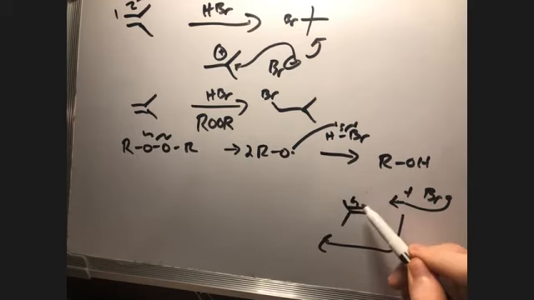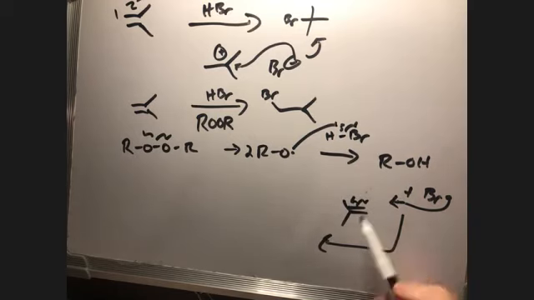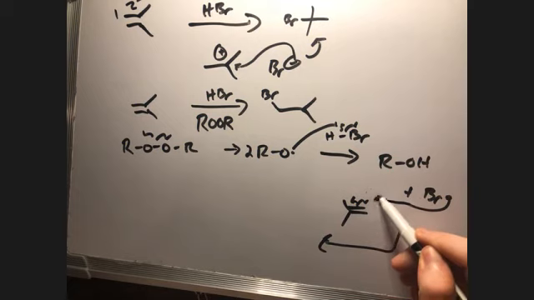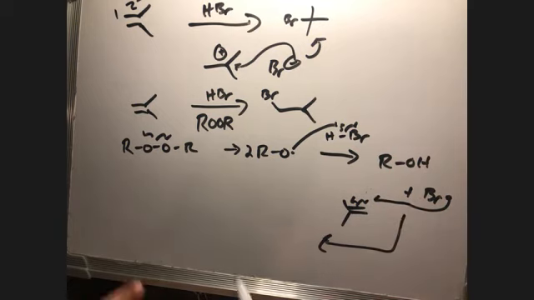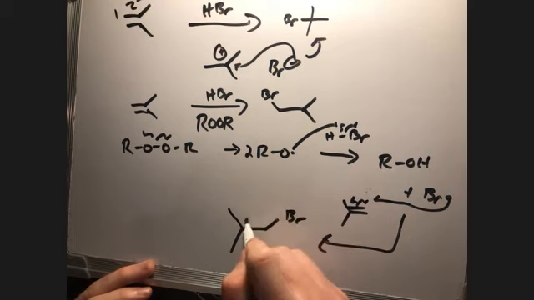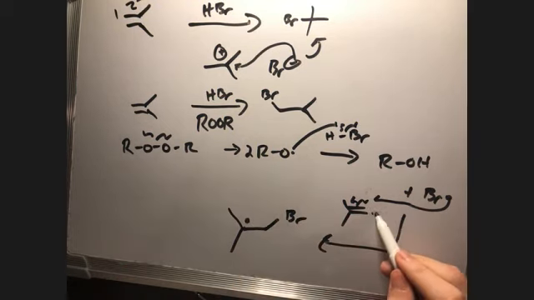And if this just cleaves, like I've shown here, that would make a tertiary radical, and then a primary one. But if we react this position with a radical, then you would get only the tertiary radical, which is what happens here. So this would make a bond between this carbon and this bromine, which is here.